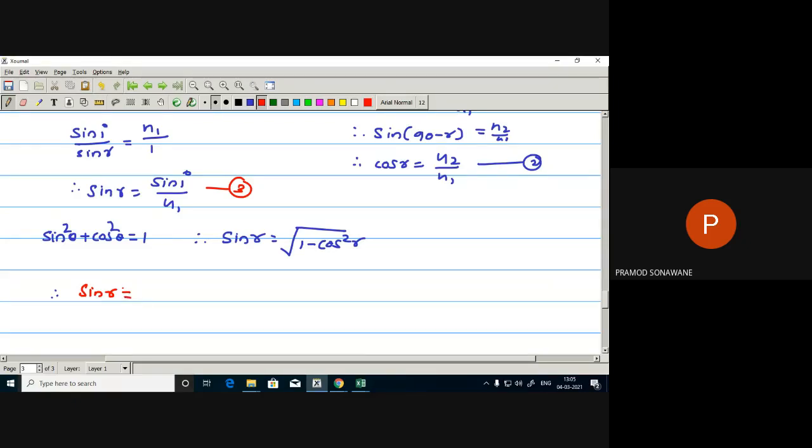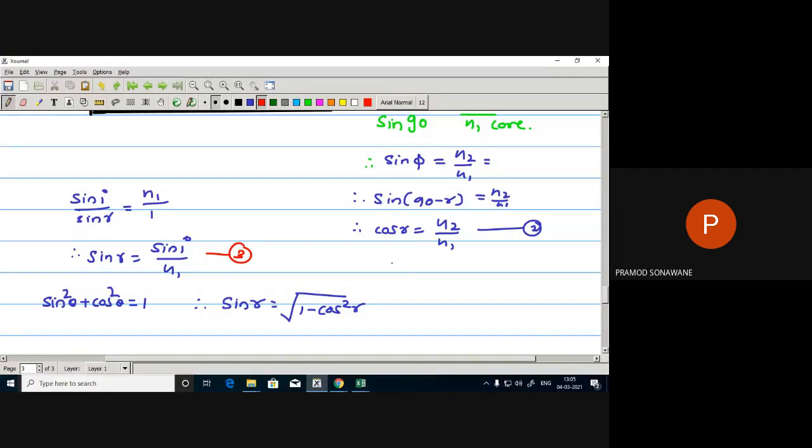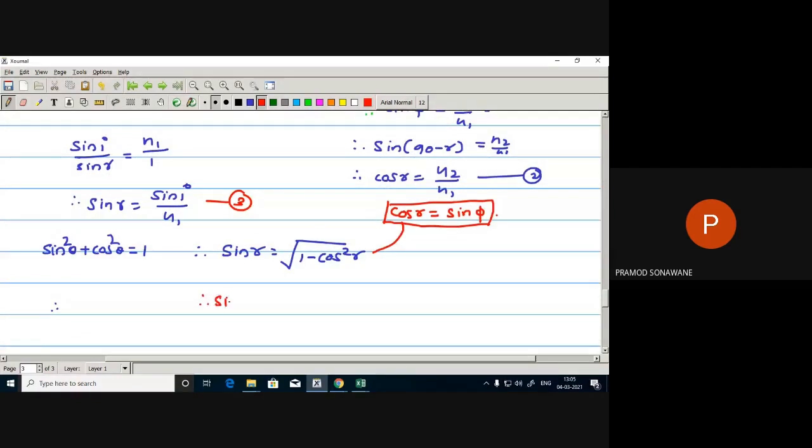Instead of this sin r, I'll just make one replacement. I'll put this value. This is equal to what? From this, cos r is equal to sin phi. So if I use this value here, this becomes, tell me, sin r is equal to root of 1 minus sine square phi.